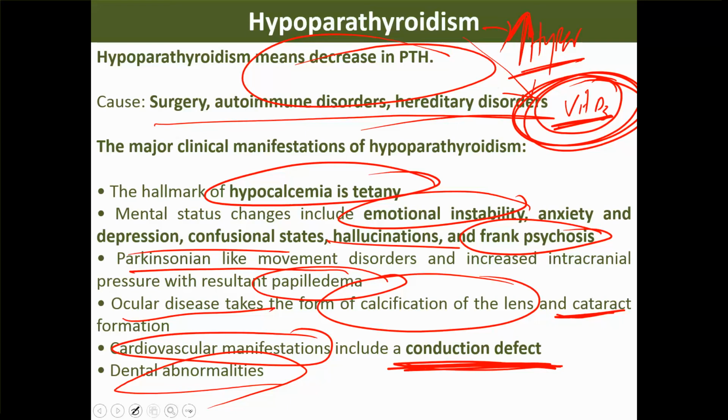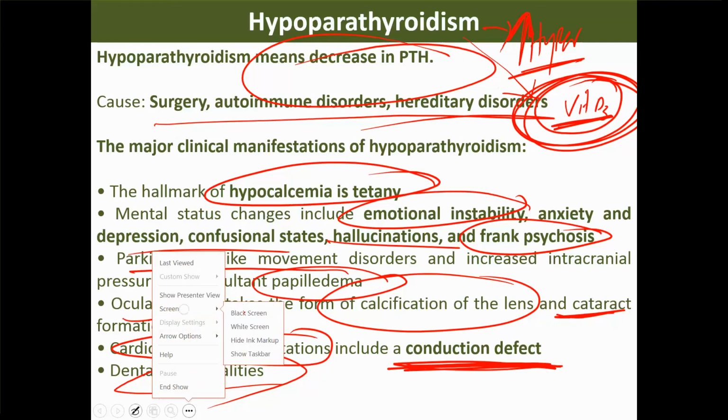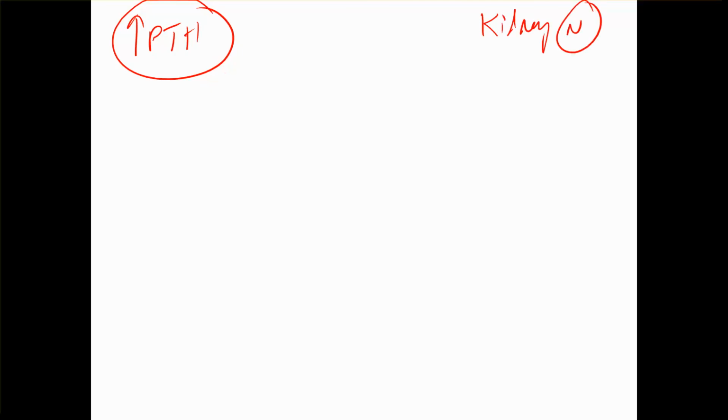So let me go to the screen. Let us summarize the things. See, when there is increased parathyroid hormone and the kidney is normal, so the parathyroid hormone is coming due to decreased calcium.